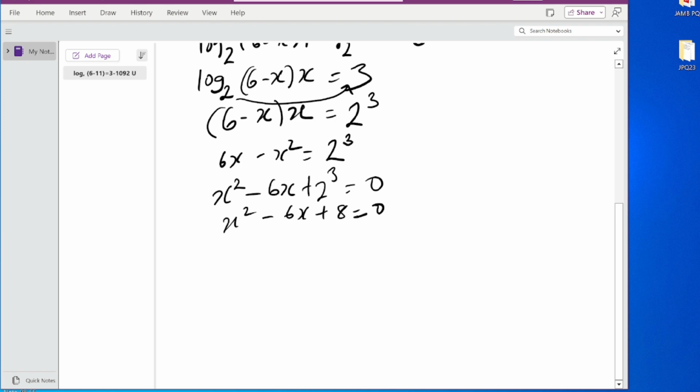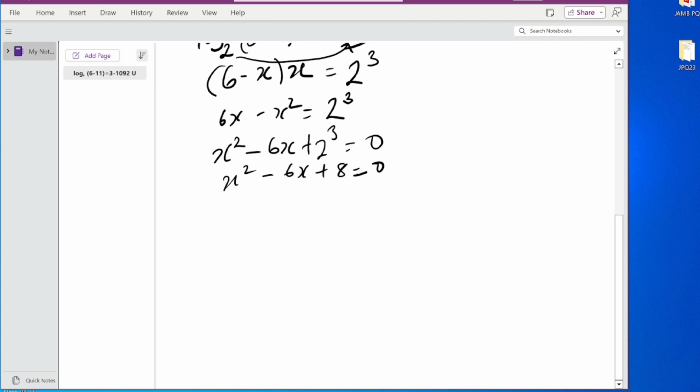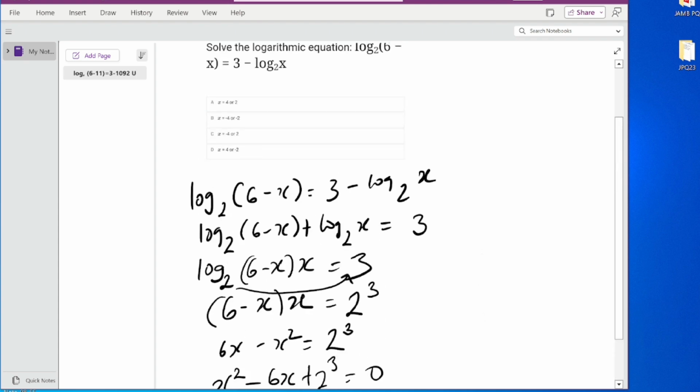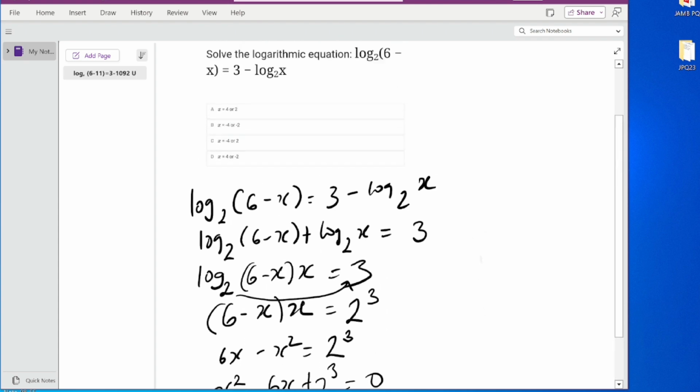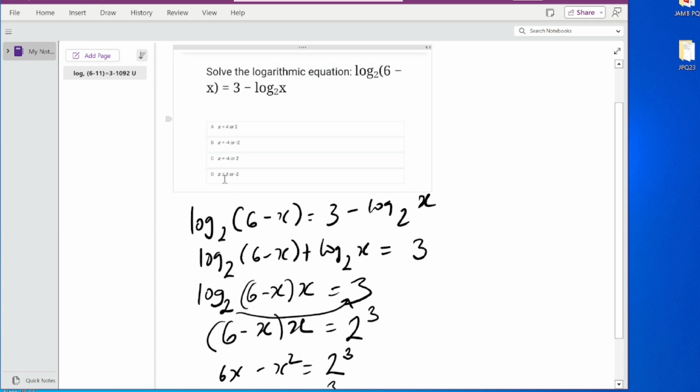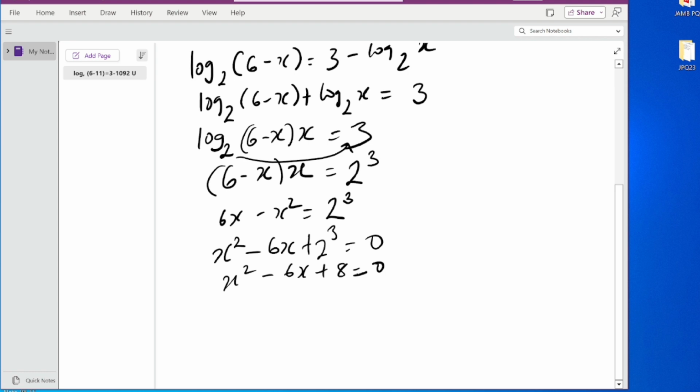Next, we take into consideration 2 numbers that we would have to multiply, and if you look at the options, the options actually show us that it's 2 and 4, to make it easy for us. So 2 numbers that multiply to give us plus 8, yet when we add them give us minus 6, are 4 and 2.